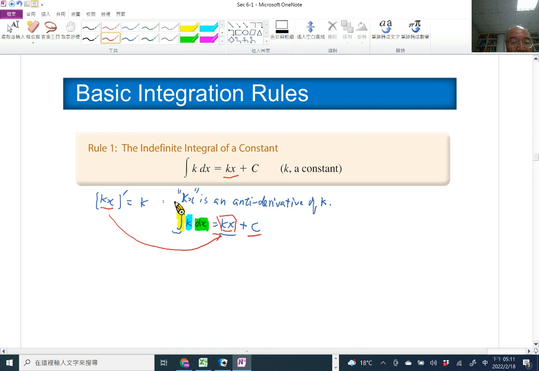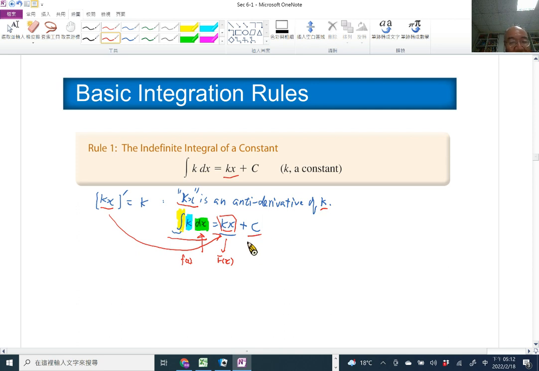So k of x, sorry, not capital K, k of x is an antiderivative of k. So we use the antiderivative format, or the indefinite integration form: the integral sign, f of x, and dx indicates the variable we deal with, and this is capital F of x, and of course plus a constant c.